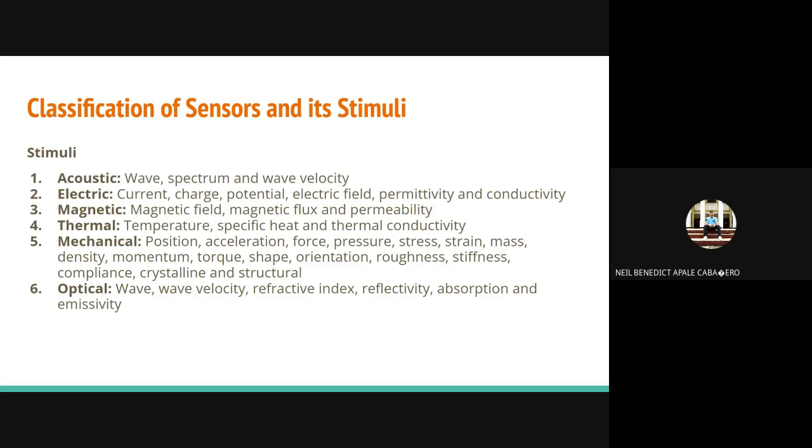Next is ang magnetic, which is including ang magnetic field, magnetic flux, and permeability. Next pod is thermal, which is katong temperature, specific heat, and thermal conductivity.